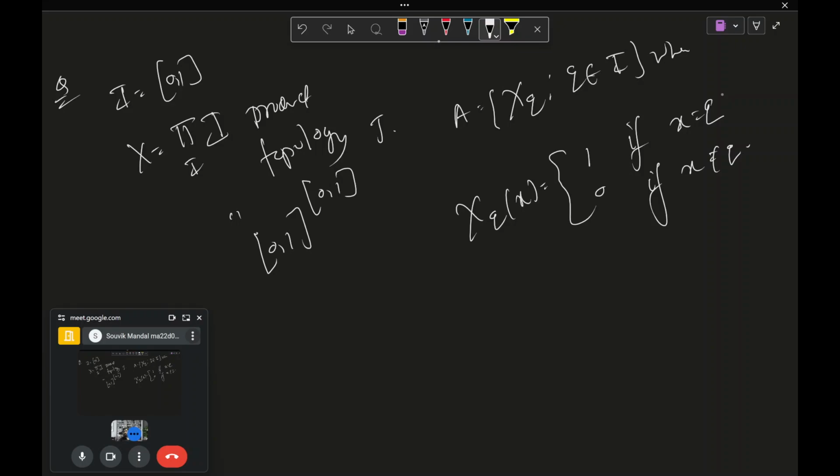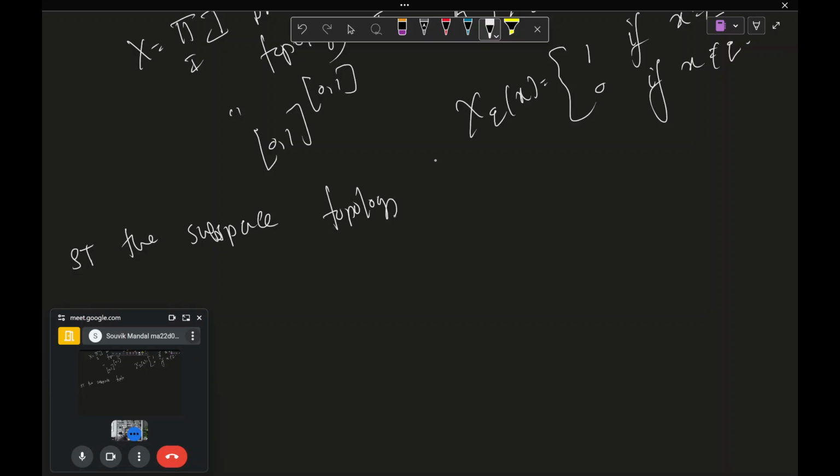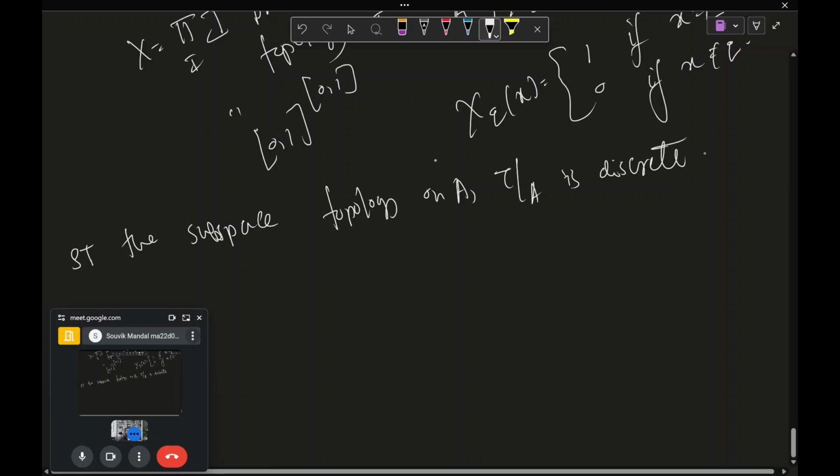So now we need to show that the subspace topology on X star, restricted to this space, is what we want.